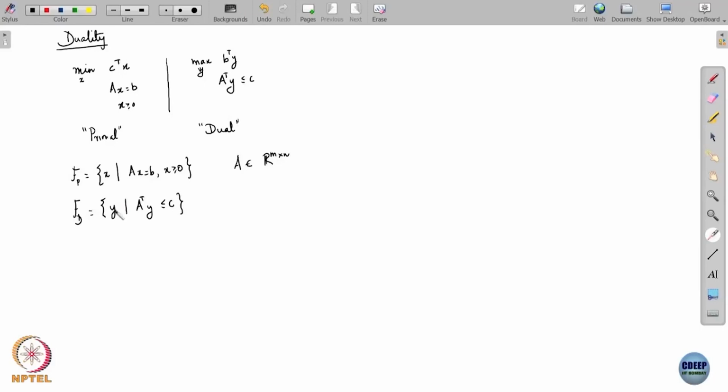So, the primal and the dual are not in the same space at all. One is in R^n, the other is in R^m. One has n decision variables, the other has m decision variables. Yet, what is amazing is that they are very closely related.